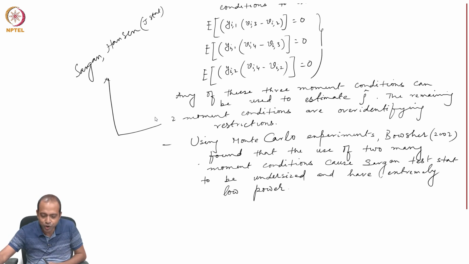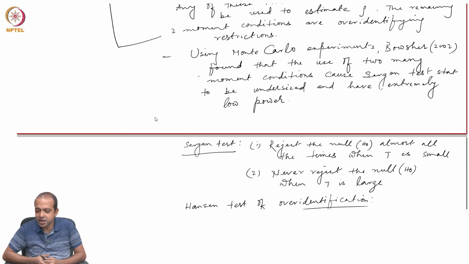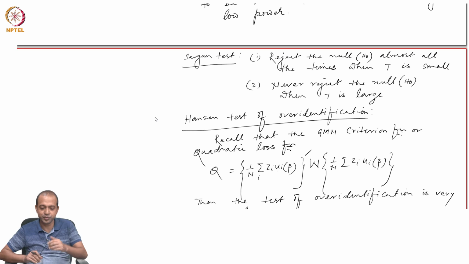And that is why it rejects the null almost all the times when T is small, and almost never rejects the null when T is large. That is the problem of the Sargan test. And then we go for the Hansen test of over identification, which is basically depending on the quadratic loss function. So, this is the second post estimation checkup.